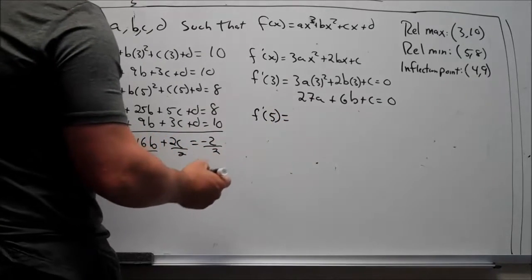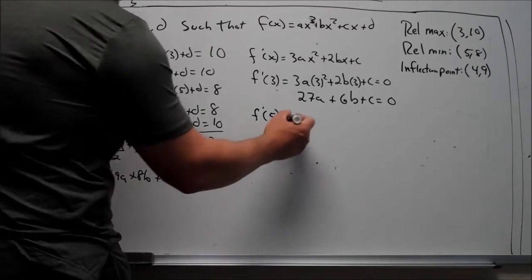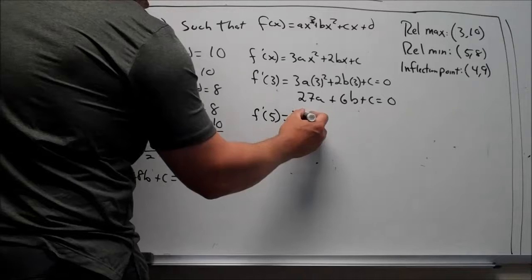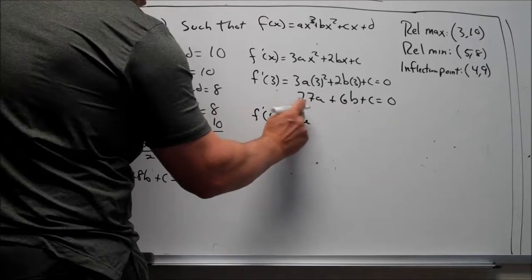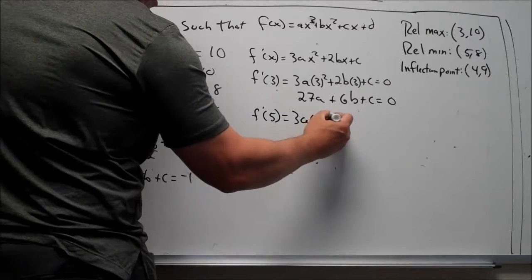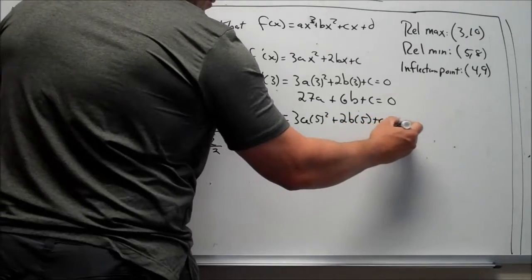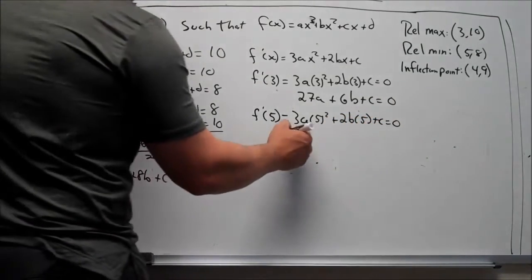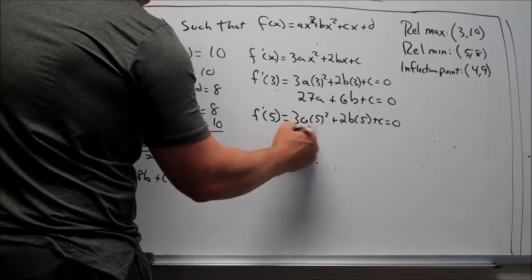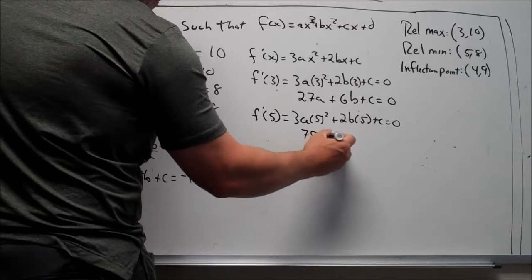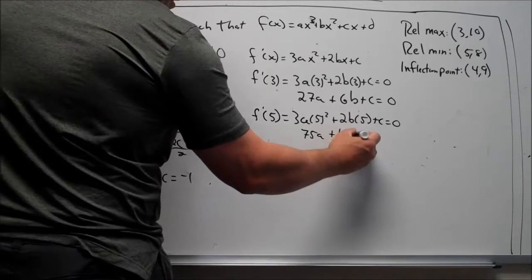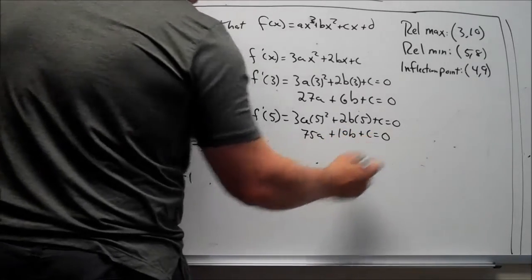So that's 3 times a times 5 squared plus 2 times b times 5 plus c equals 0. So that's 25 times 3 is 75a plus 10b plus c equals 0.